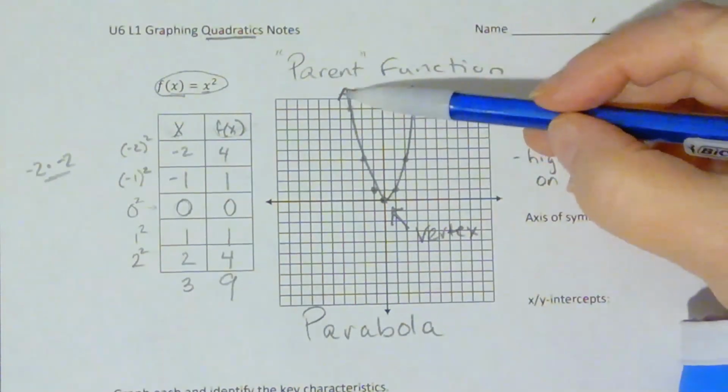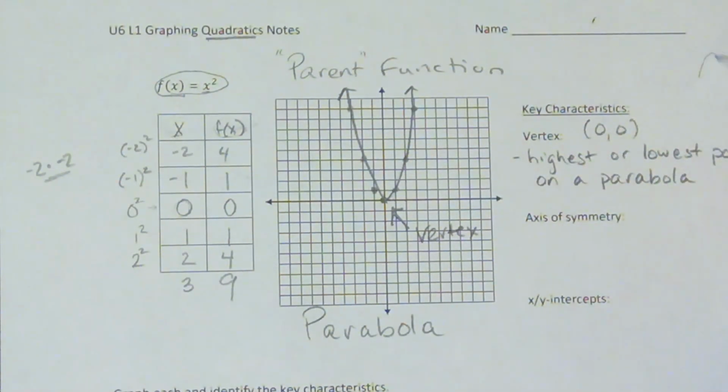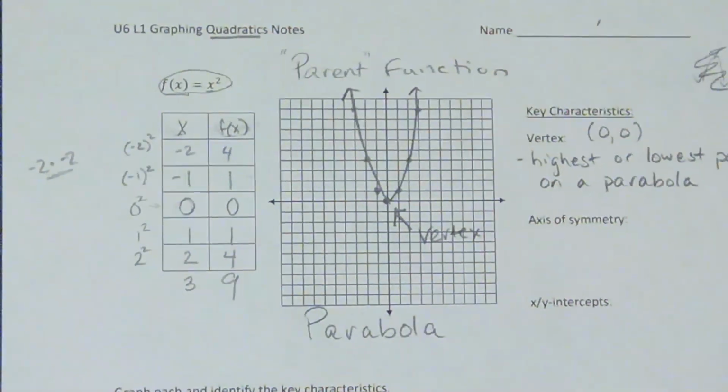So since this one is opening upward, the vertex is the lowest point. If it was a parabola that was upside down like this, the vertex would be the highest point. So there's the vertex of this parabola.